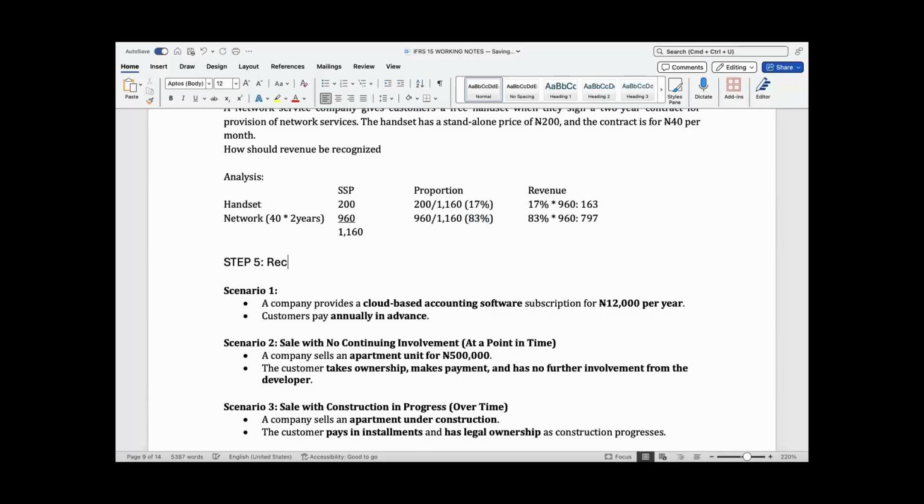This step 5 is where you recognize revenue as or when performance obligation is satisfied.